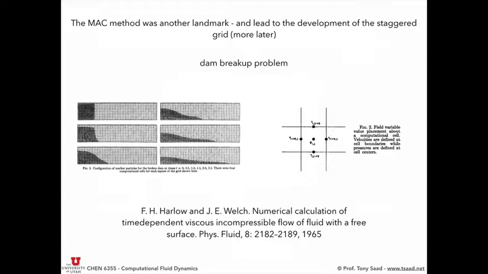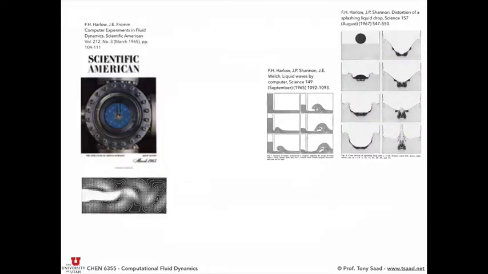Now, in the 70s, or late 60s, there was some exposure to CFD, but it was still not that popular. So again, Harlow and Fromm, and also Harlow and Shannon, published in Scientific American and in Science what they've been doing. And that was amazing.